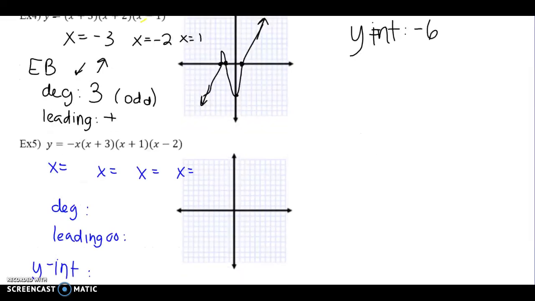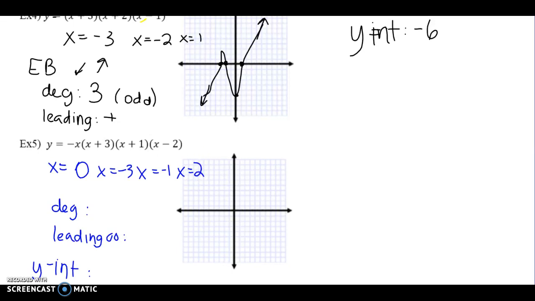Alright, so what are our x-intercepts? When we solve this, x equals, don't forget the one out front. That's commonly missed. So when you set negative x equal to 0, x is equal to 0. X plus 3 gives us -3, x plus 1 gives us -1, and x minus 2 gives us 2.